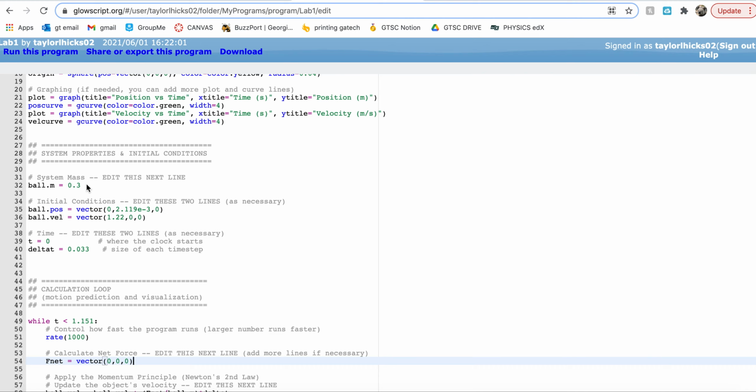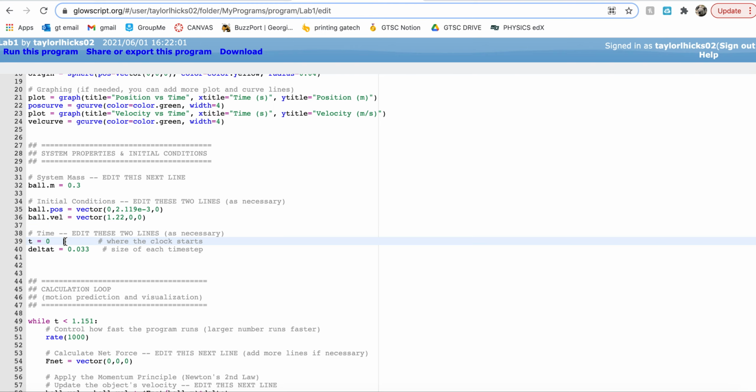The initial position is vector 0, 2.119 e to the negative 3, 0, which was seen in the Tracker data. The initial velocity is 1.22 in the positive x direction, 0 and 0, which is accurate because we saw the ball move in the positive x direction at 1.22 meters per second.